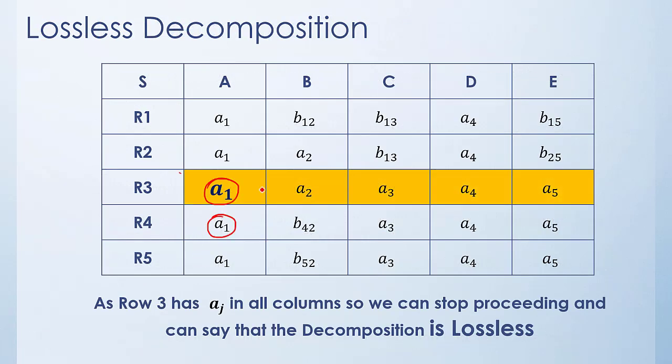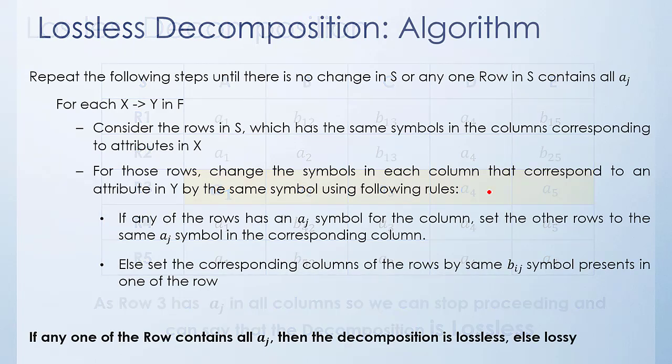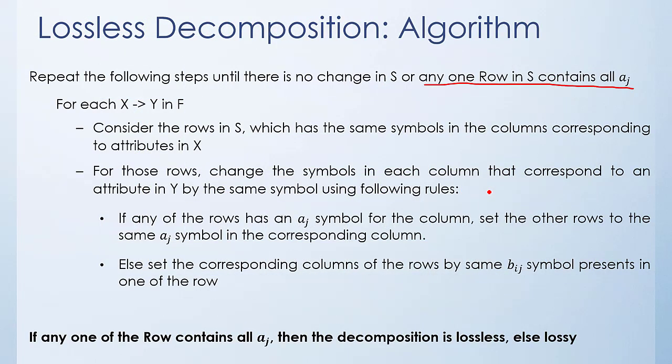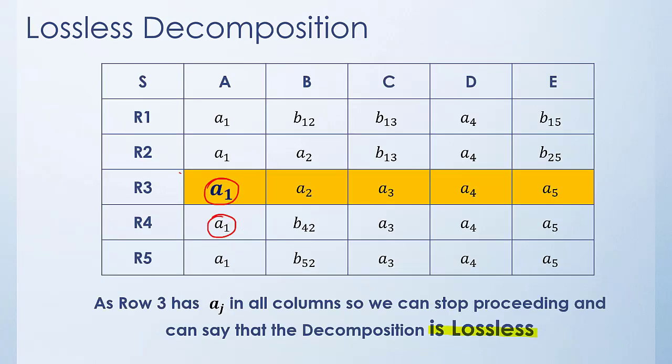So here row 3 contains all AJ, so you can stop the checking for losslessness, and if any one of the rows contains all AJ, then the decomposition is lossless. So as row 3 has AJ in all columns, we can stop proceeding and say that the decomposition is lossless.